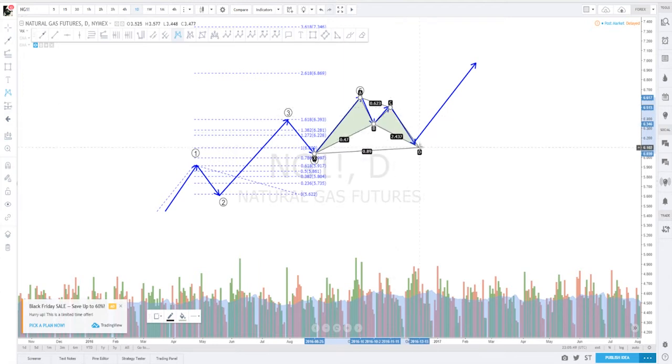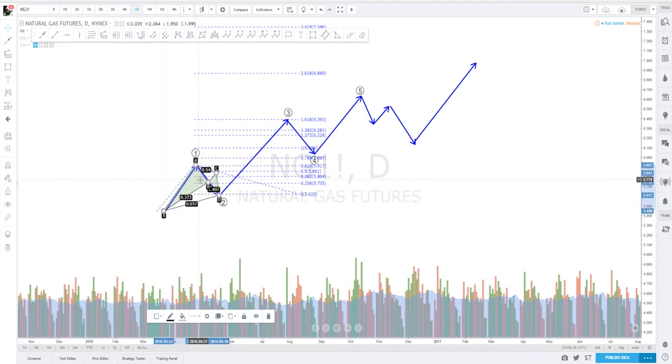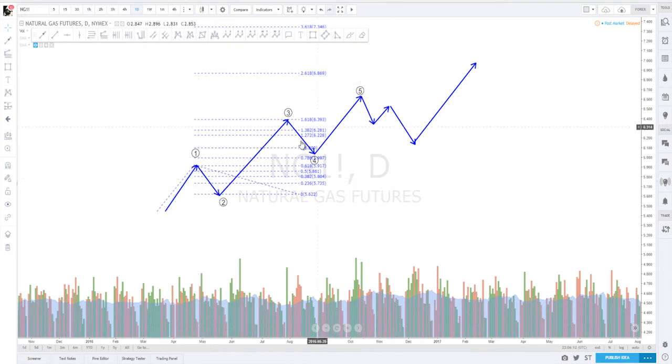So this would be a Gartley pattern. And I began to try and understand, okay, Gartleys happen here, but also they happen here on a lower scale. You're going to see this on a PDF presentation. They also happen here, and then the ABCs can happen here, here, here.